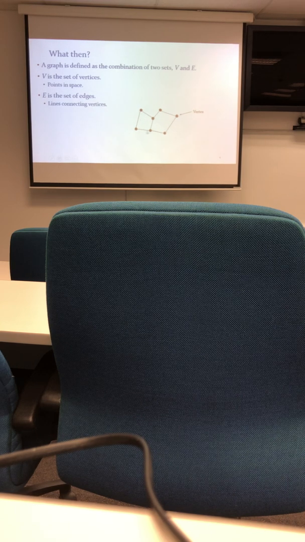And these are the edges. All these are edges. How many edges here? I count 8. Yeah, 8 edges. Look, all these edges connecting vertices. This is an example of graph.